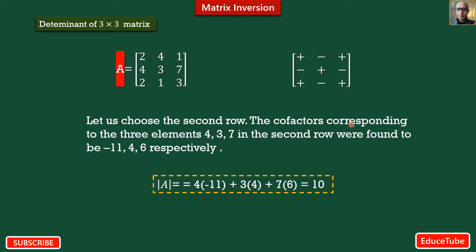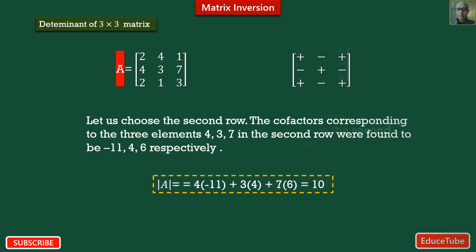The cofactors corresponding to the 3 elements 4, 3, 7 in the second row were found to be minus 11, 4, 6. In the previous slide's adjugate matrix, we have seen these values in the second row. So we have to multiply this by this, and we get the determinant of A.